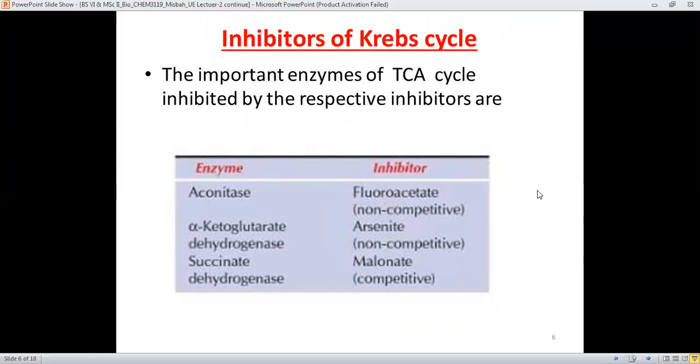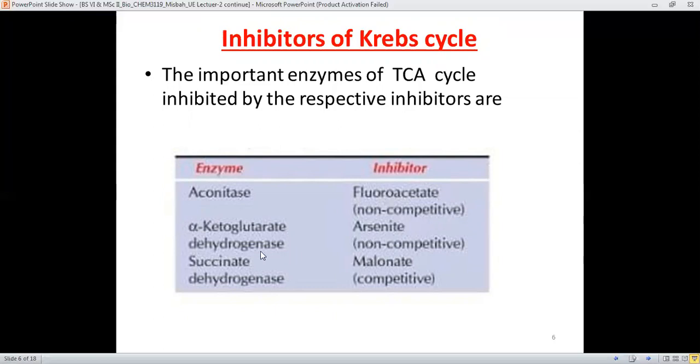The first enzyme is aconitase, and the inhibitor for this enzyme is fluoroacetate. Fluoroacetate does non-competitive inhibition, which means it inhibits the enzyme but not competitively with the substrate.